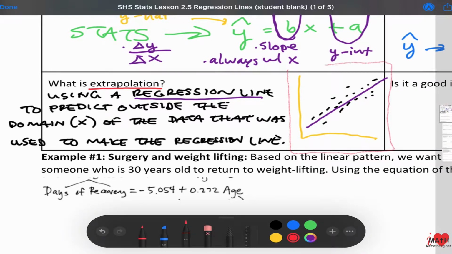Data that goes outside this red box. What do you mean, Mr. Ing? That means if you try to continue on the trend line outside this red box, that would be information over here, or you're trying to say, well, what happened over here. Extrapolation.